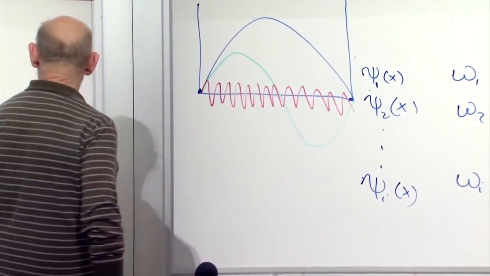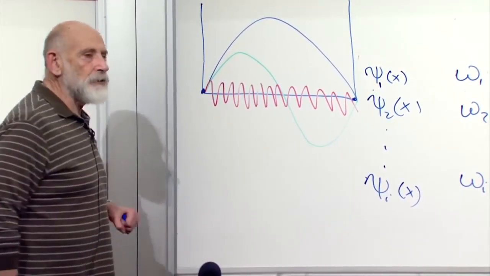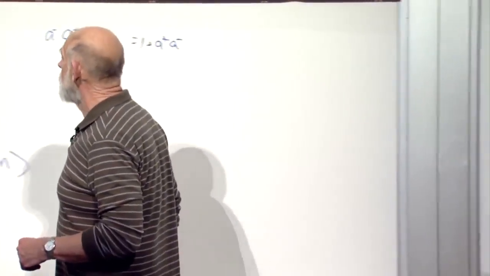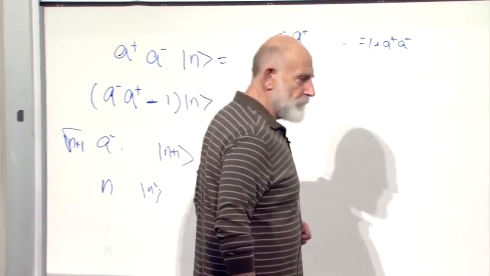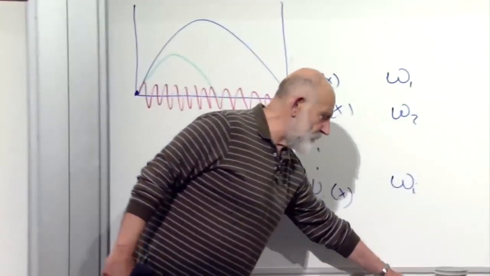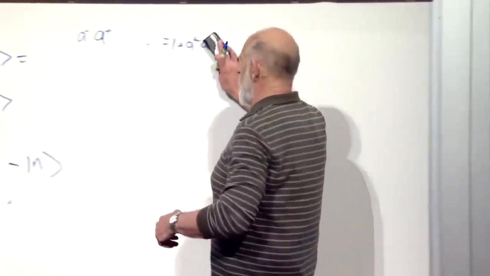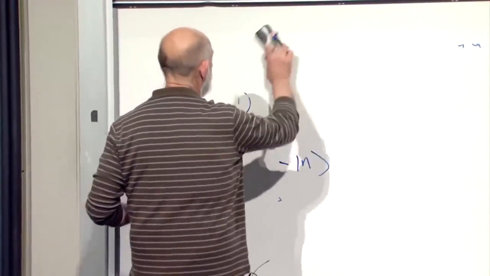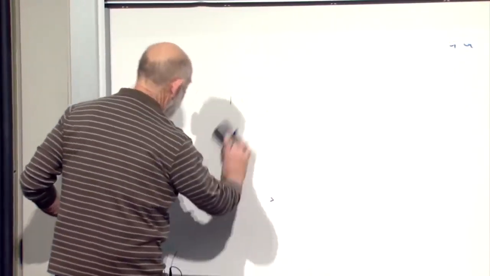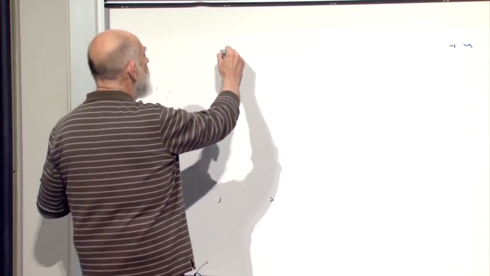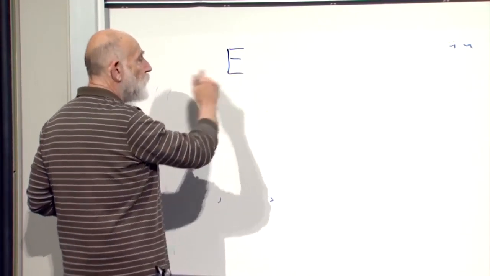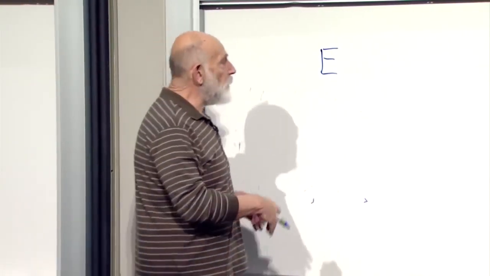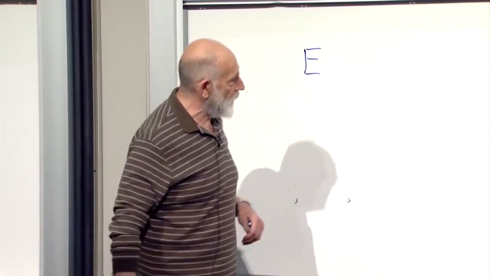Let's write an expression in terms of creation and annihilation operators for the energy of the whole system. This is easy. The energy of the whole system is, first of all, the energy of all of the particles in the first state.